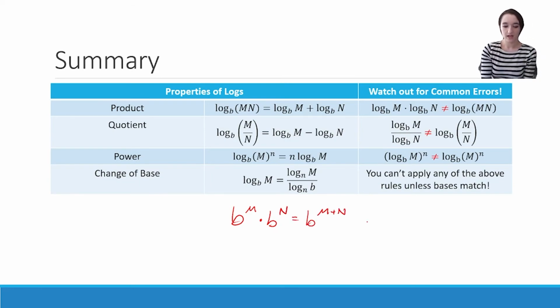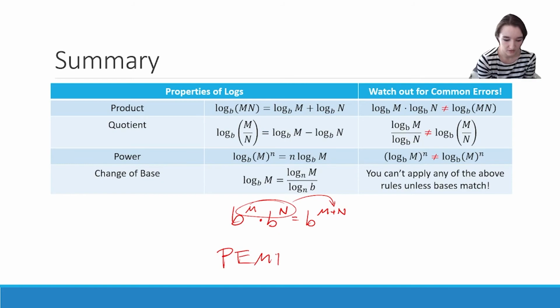So now, as we move inside our exponent, we're taking our two exponents together inside, we're actually stepping up in our PEMDAS. So we're stepping down from multiplication outside to addition inside. So it's the opposite, where we went from multiplication in our log to addition outside of our log.